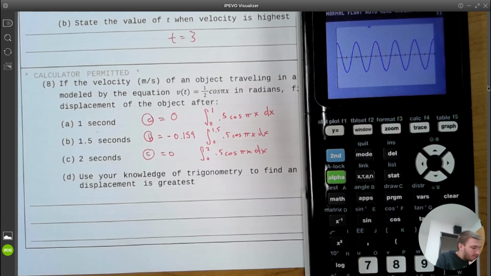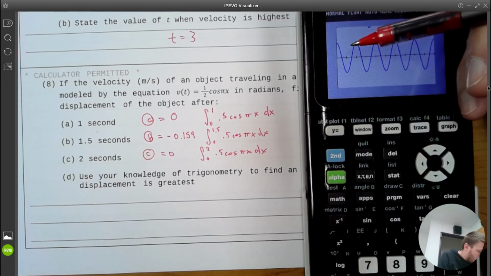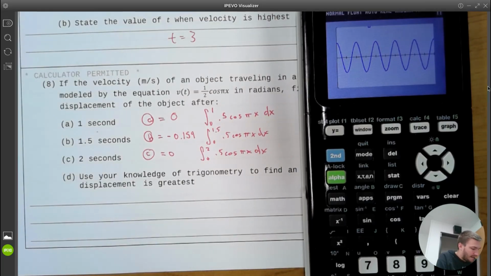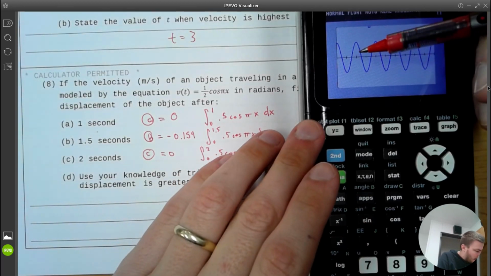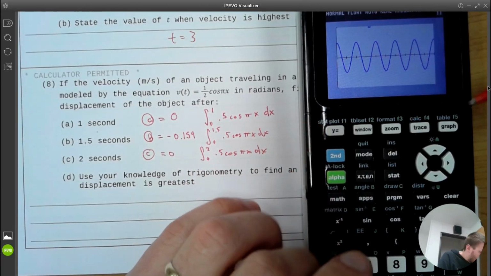If we're gonna look for a window where displacement is greatest, then we need to look for a window where it has the most positive pieces. It doesn't have any of that negative issue. And so I'm thinking that if we try to go, this is 1, 2, 3.